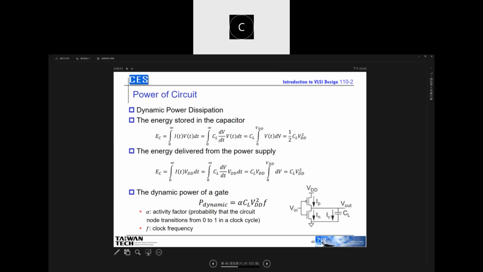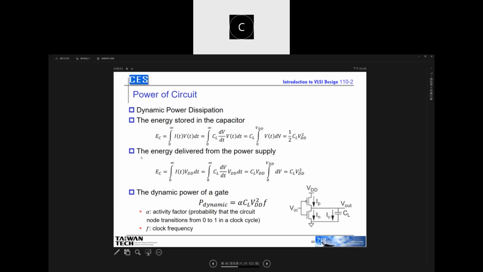Okay, and if we integrate over the voltage from 0 to the supply voltage VDD, then the formula can be described as VDD squared times CL divided by 2. This will be a very important equation, and we'll use it a lot later on.